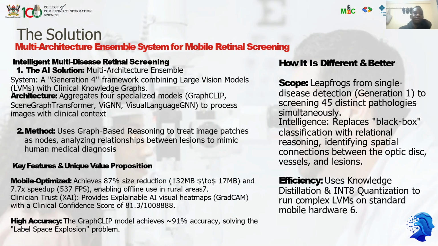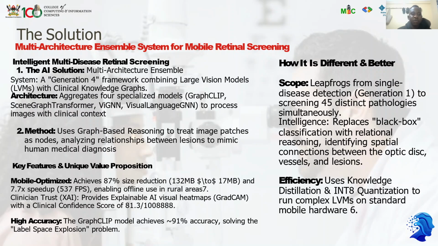So our solution is a multi-architecture ensemble system for mobile retinal screening. It involves a generation 4 framework combining LVMs with clinical knowledge graphs. Then we have graph-based reasoning that treats image patches as nodes, analyzing relationships between the zones to mimic human medical diagnosis.